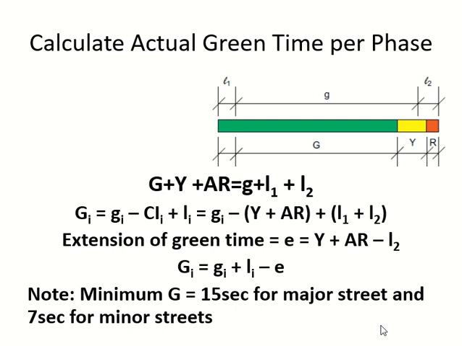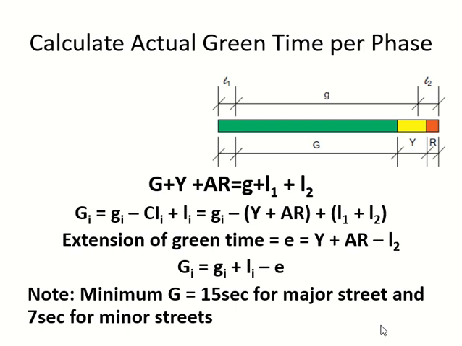Effective green equals phase, green plus yellow plus all red, minus lost time. So now I take the lost time on the other side, so this equals this.